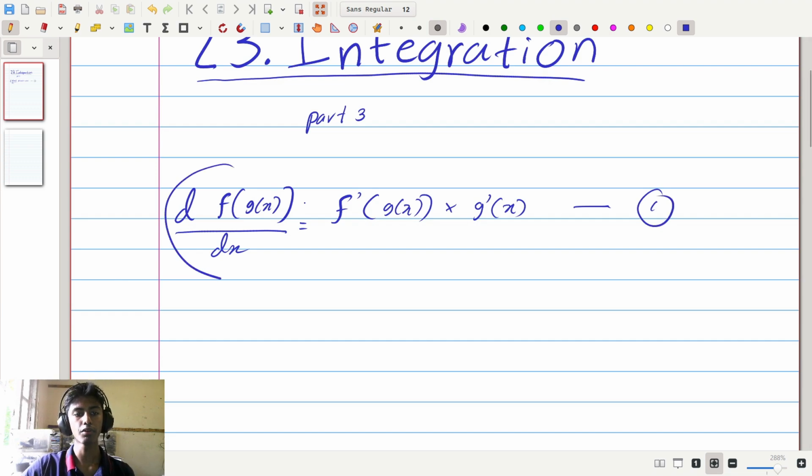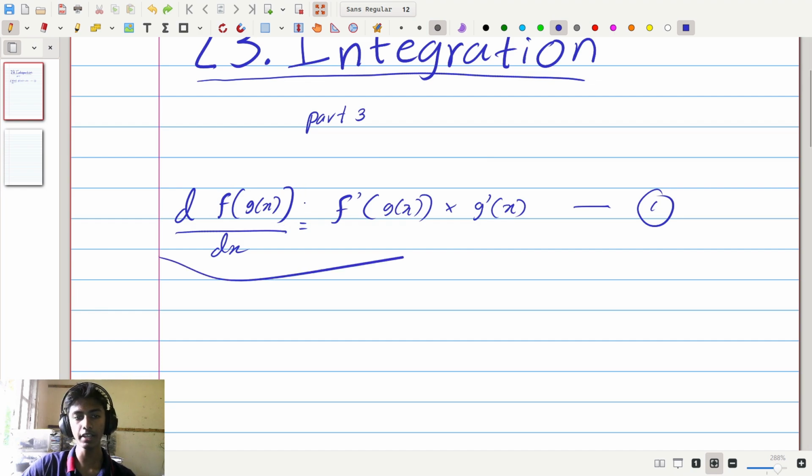To start off, we have that the derivative of one function with respect to x is this function here. According to what we know on integration, integration is the basic reversal of differentiation. Therefore, if the derivative of this function is this function here, then the integral of this function would be this function, plus of course the constant of integration.